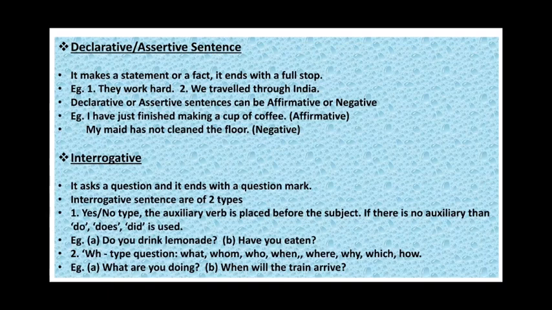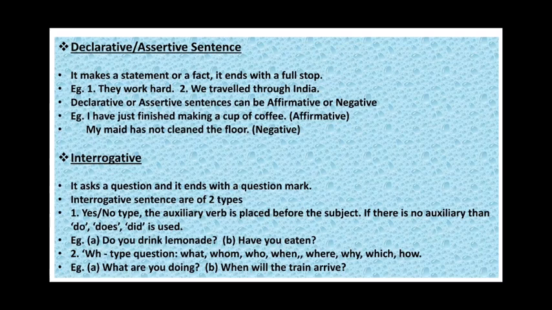If there is no auxiliary, then do, does, did is used. For example, do you drink lemonade? Next, have you eaten? So children, always remember, after an interrogative sentence, you need to put a question mark.